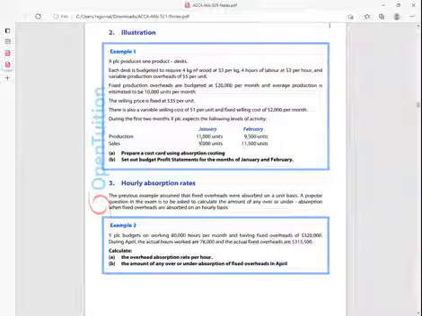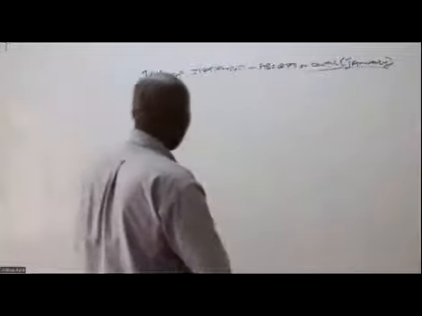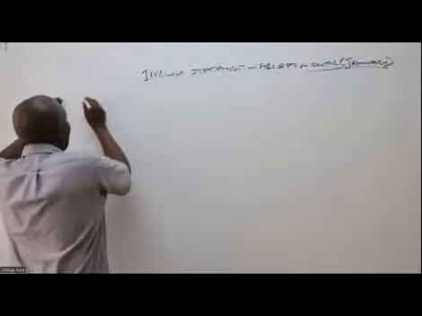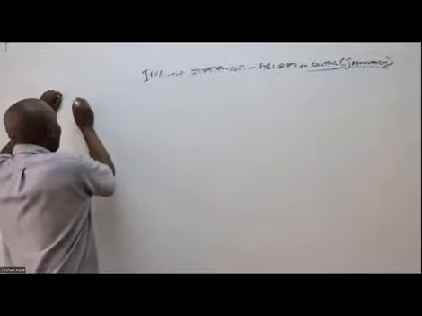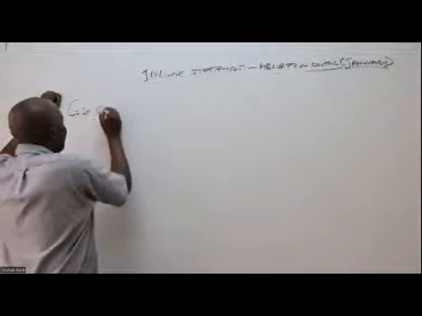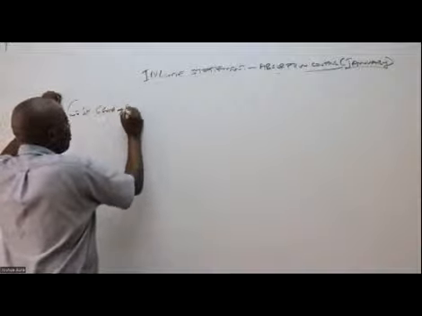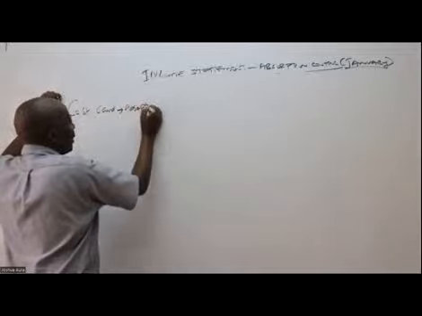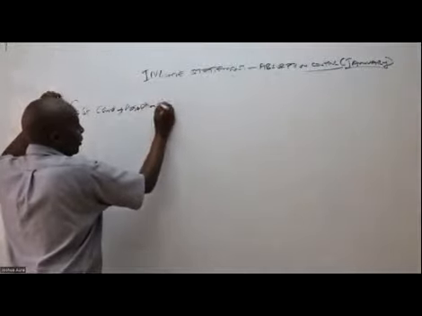So they want us, number one, to prepare a cost card using absorption costing. So we are absorbing all production expenses.